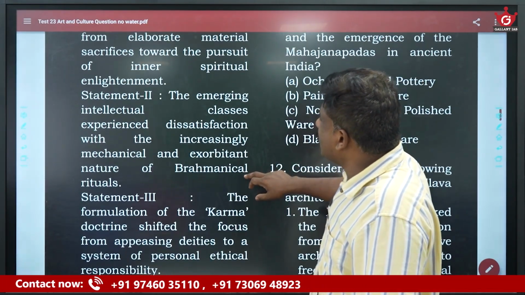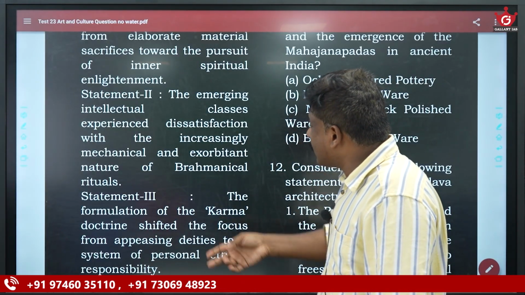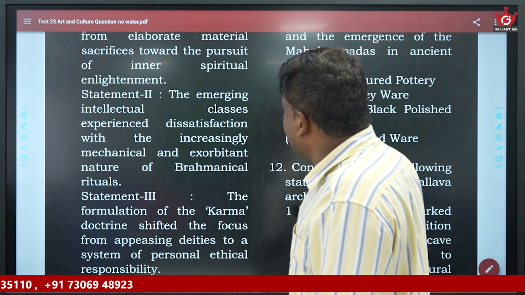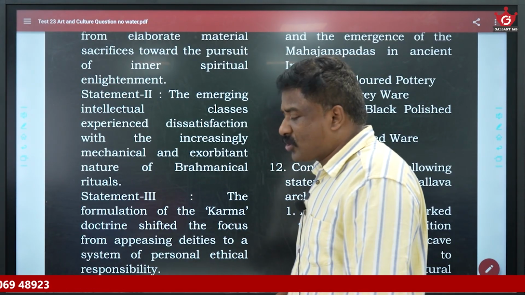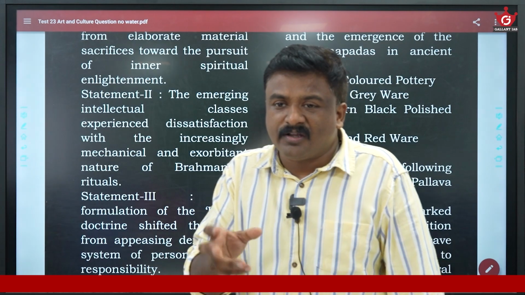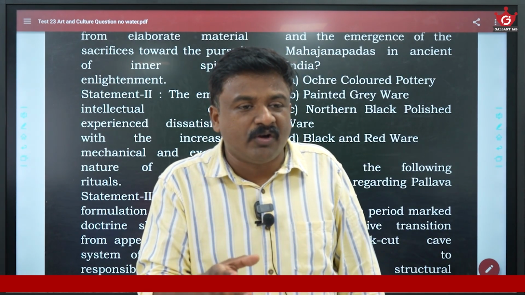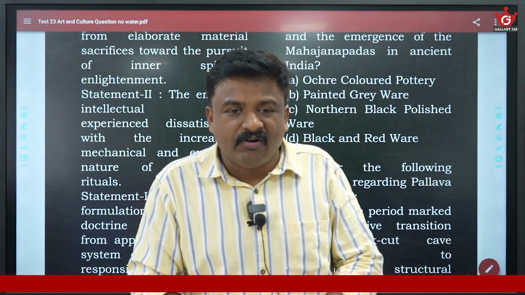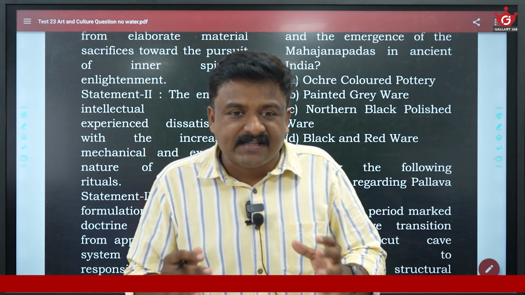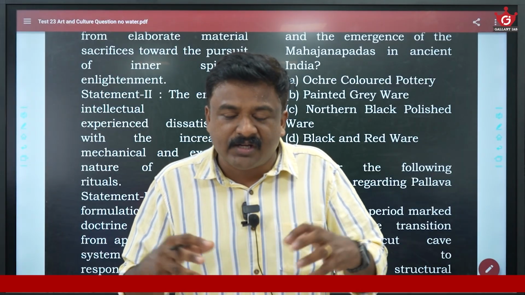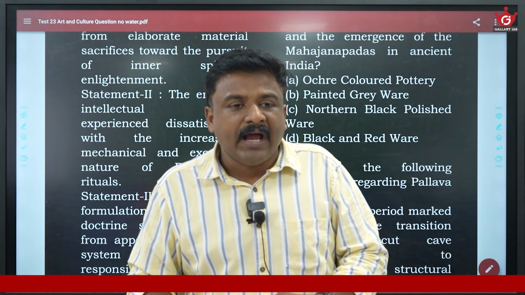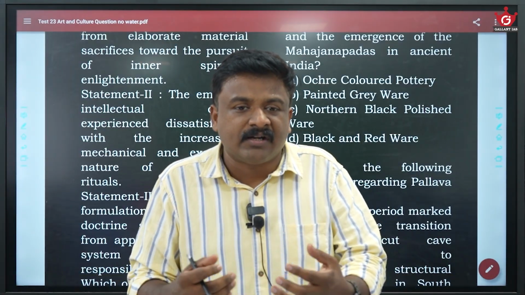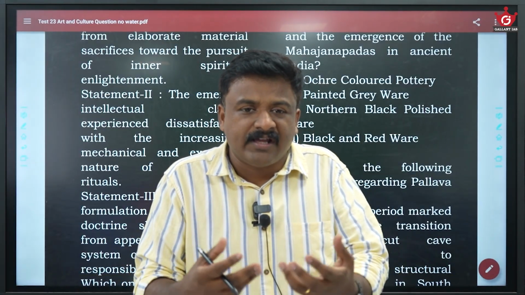Then, the emerging intellectual classes experienced dissatisfaction with the increasingly mechanical and exorbitant nature of Brahminical rituals. That is where the origin of Buddhism and Jainism is traced. They wanted a simple, sensible religion, an inclusive one, less expensive, giving a solution to daily mysteries and daily tensions.